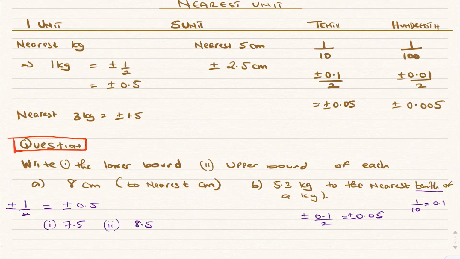So the lower bound of 5.3 kilograms will be 5.3 minus 0.05, that will be 5.25 kilograms. And the second part, the highest bound, or the upper bound, will be 5.3 plus 0.05. So that will be 5.35 kilograms. Don't forget to put the units in case they request that. Thank you.